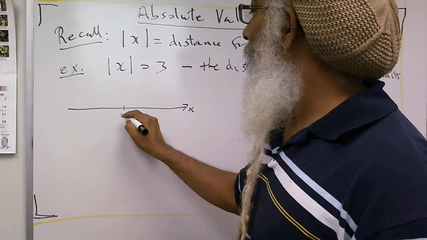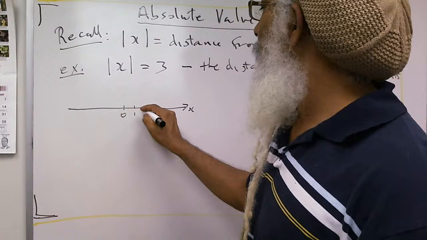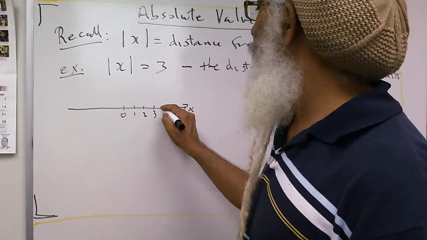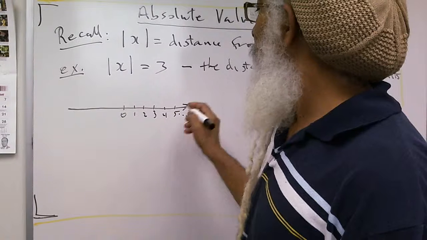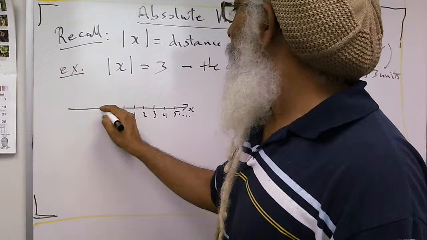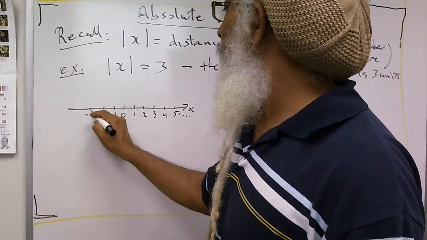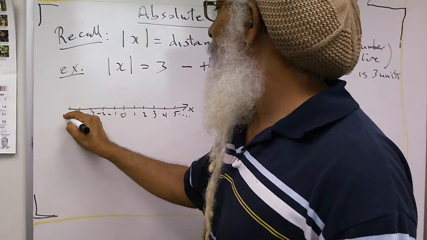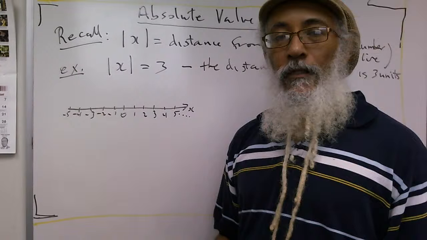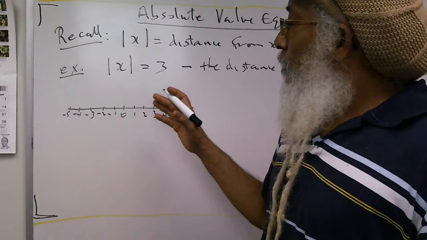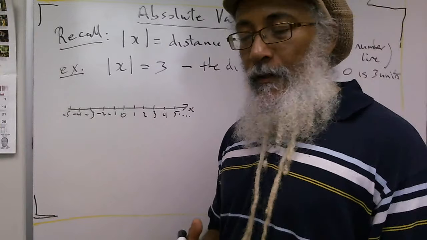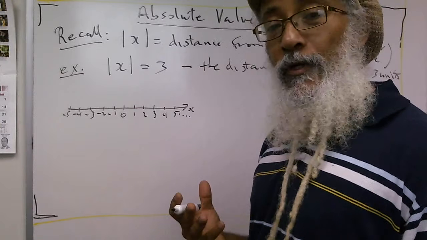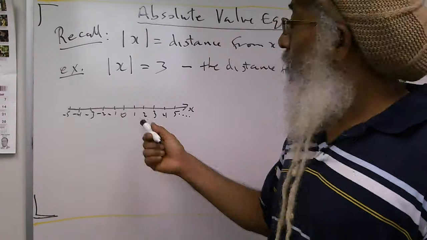So here's a number line. Let's mark 0 here. We go, let's say, 1, 2, 3, 4, 5, and -1, -2, -3, -4, -5. So the question is, which points on this number line are situated 3 units away from 0?